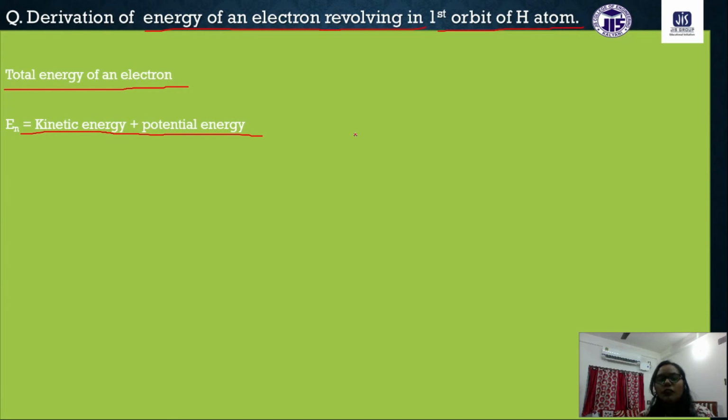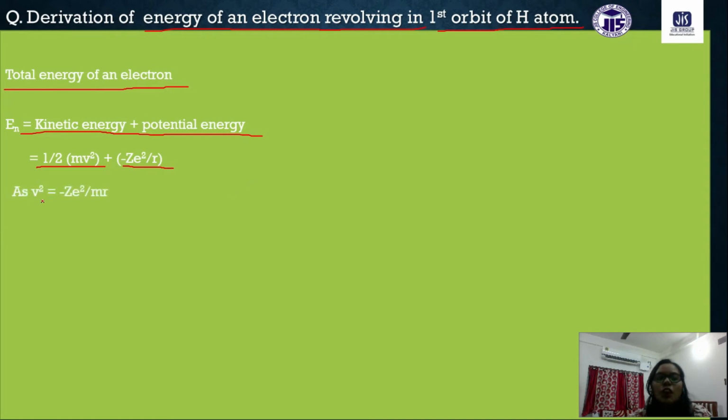We all know that the energy of an electron is always the summation of kinetic energy and potential energy. Kinetic energy means what? Exactly, that is half mv square, and the potential energy is minus z square by r.